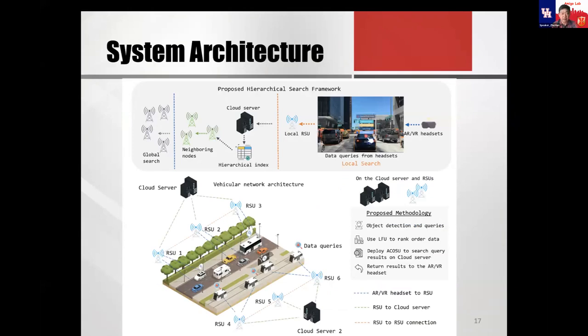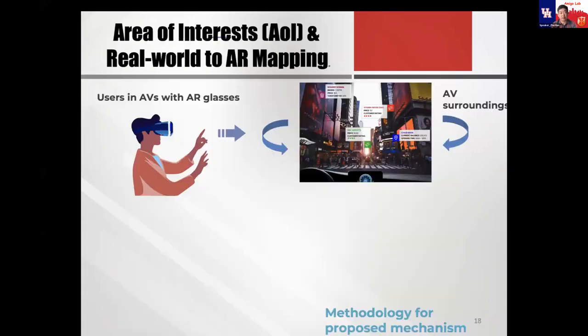Because in the vehicular scenario, the car's movement is predictable, and the constraints and the requirements are also different. So basically, we designed this for augmented reality on board, and also the roadside unit, where we locate the roadside unit and also the edge. All these things make the difference.